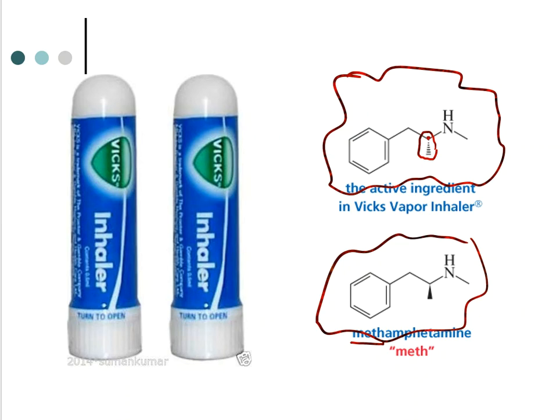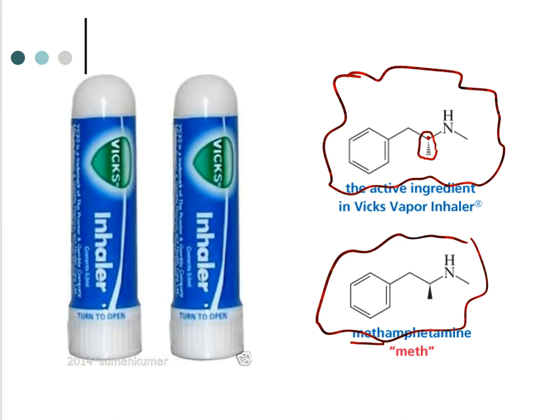If it points away from me, it's sold in a store in terms of Vicks. If it's pointed toward me, same group, same molecule, same everything, except the orientation, then all of a sudden it's methamphetamine. My teeth are going to rot out. I'm going to scratch and dig because I think there's bugs all over me.